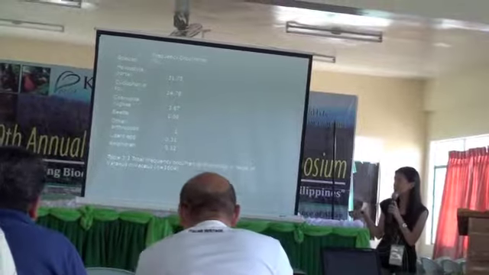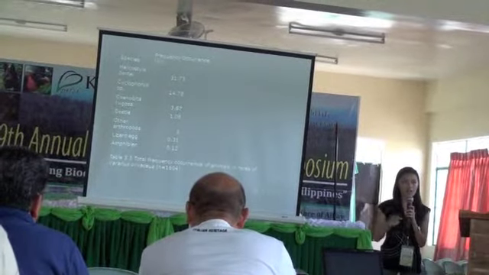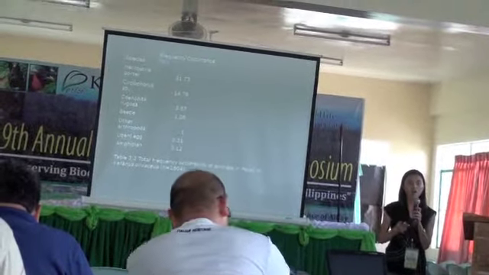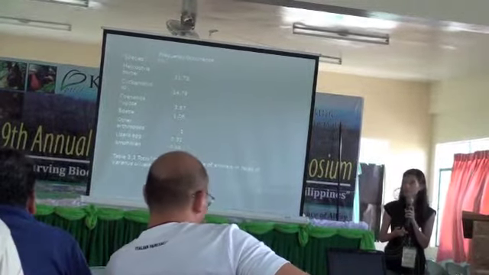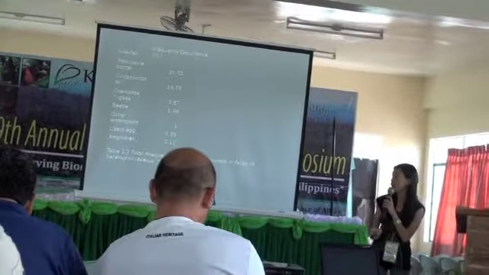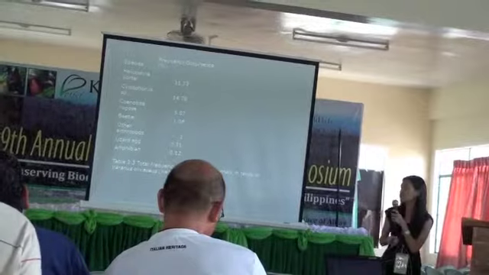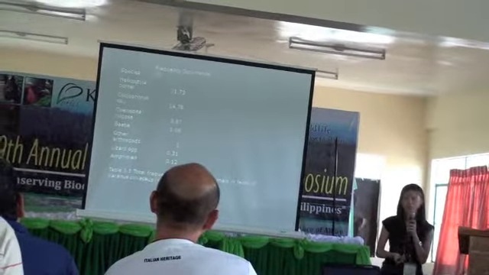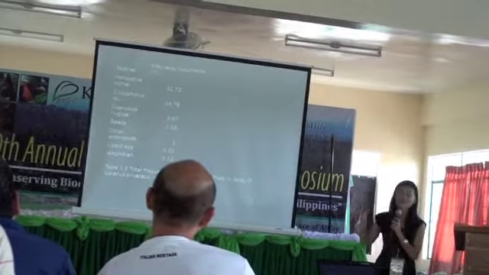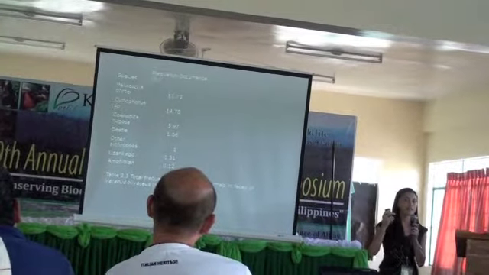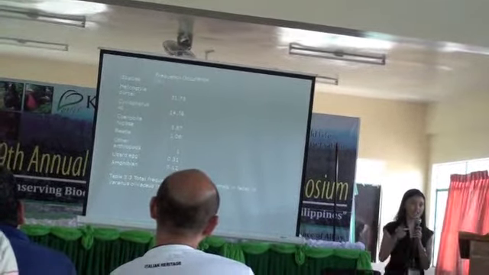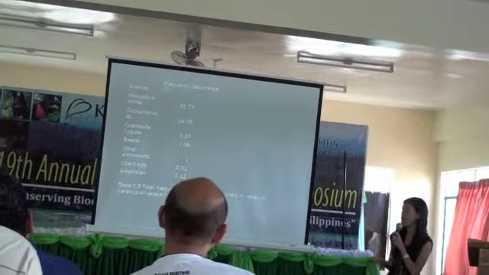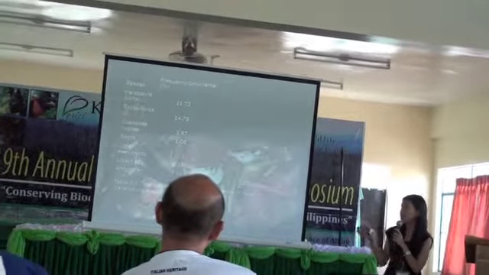In this table, among all the other animal prey of butaan, Helicostylus porteae has the most occurrence, having a frequency of occurrence of 31.73, meaning Helicostylus porteae is indeed the main animal prey of the butaan.